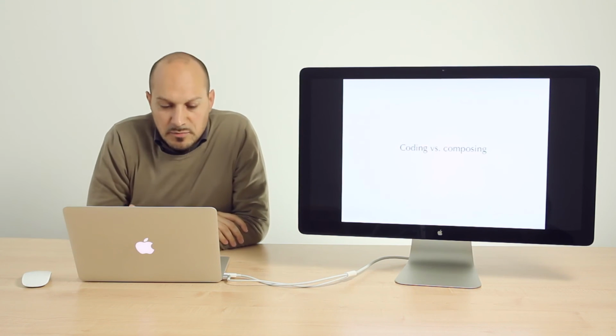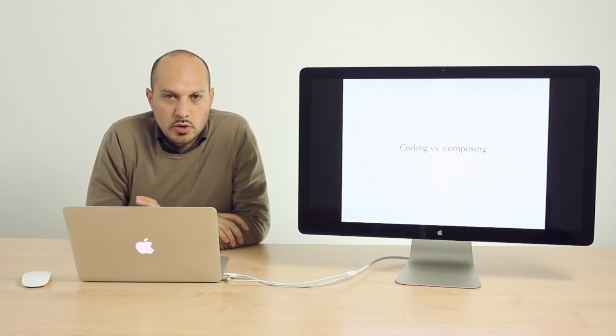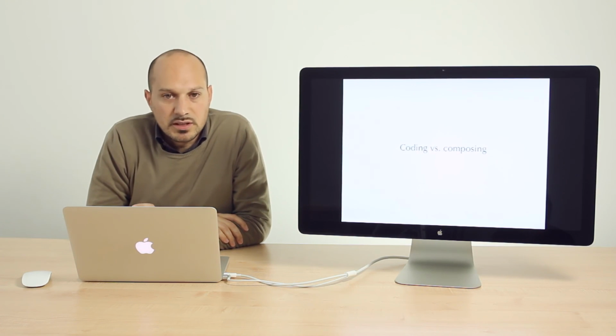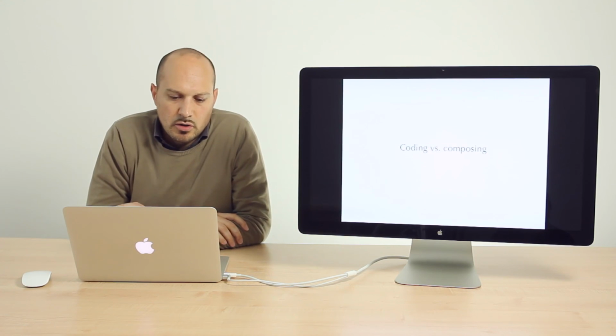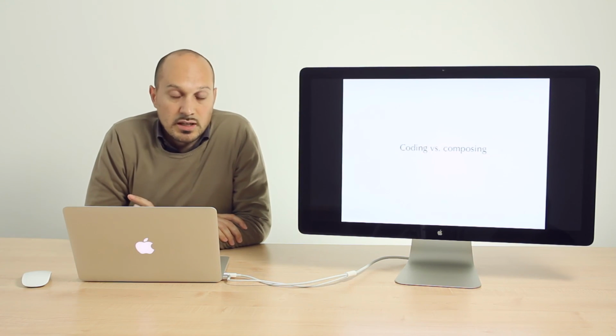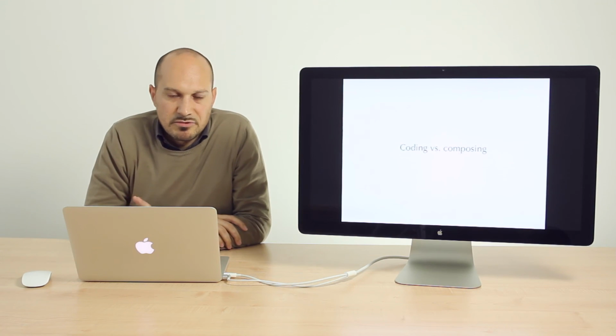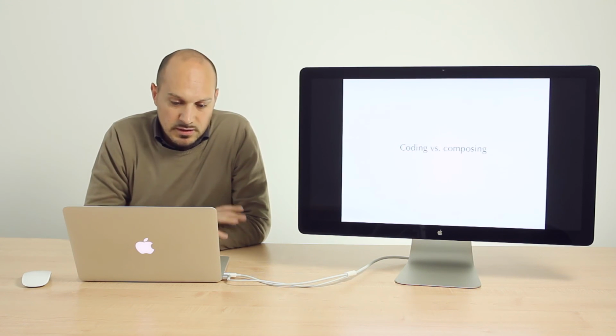Then, one other comment: coding versus composing. There is always this ambiguity. Essentially, you can code whatever composition you are interested in, with the programming language of your preference. This can be JavaScript, Python, C++, Java, whatever you want.